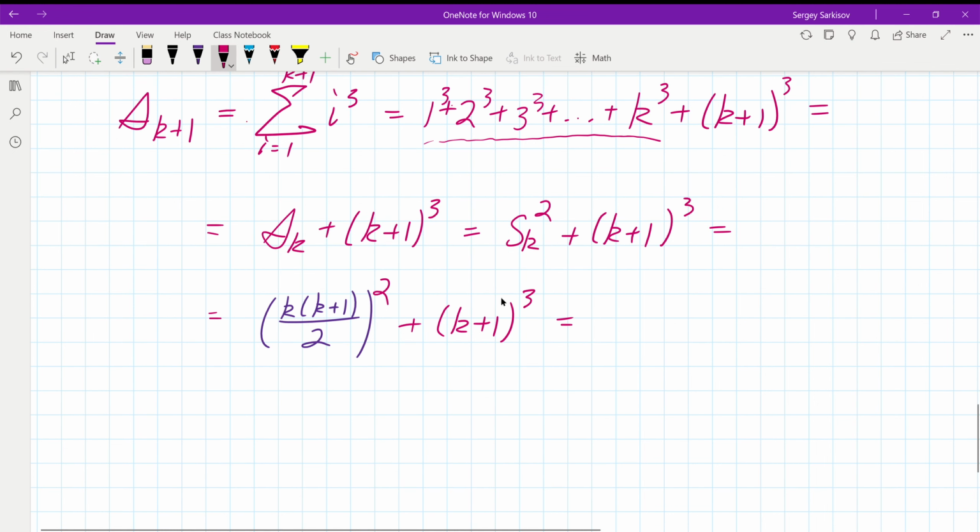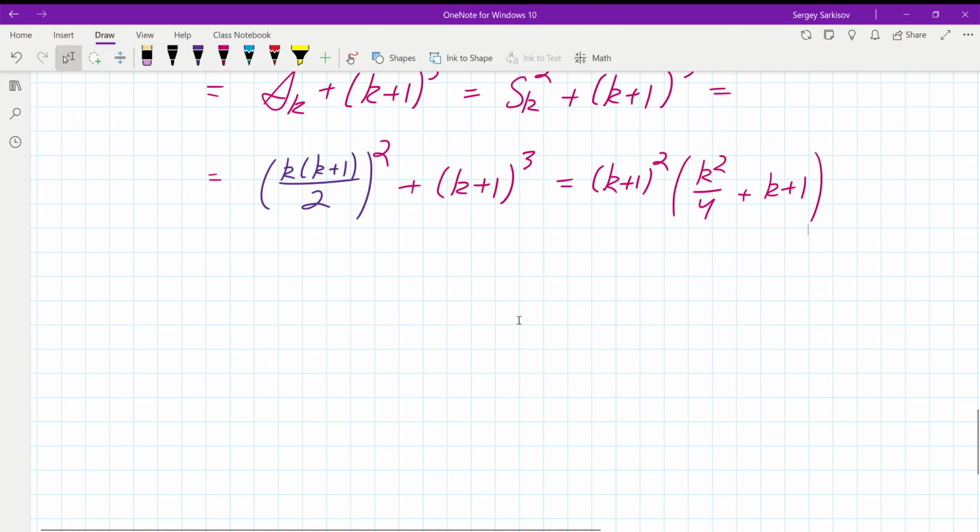Let's actually factor out a (k plus 1) squared. That'd be easier that way. It's everywhere. (k plus 1) squared times, if you check it out, k squared over 4 is left, and plus (k plus 1). That's what's left there.